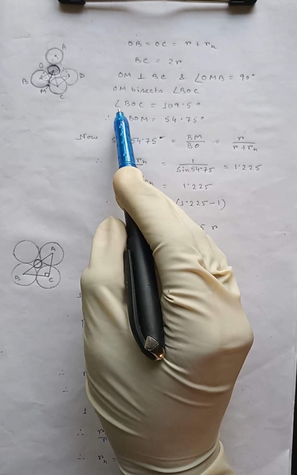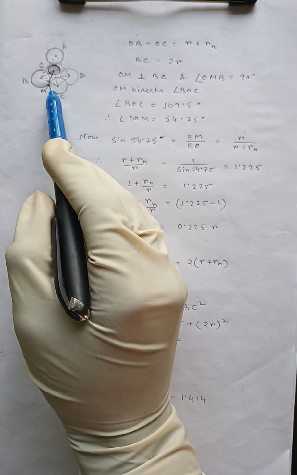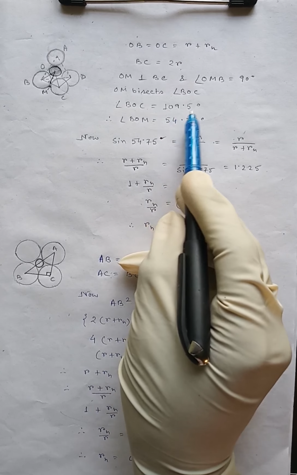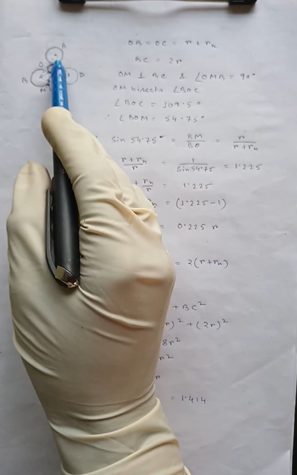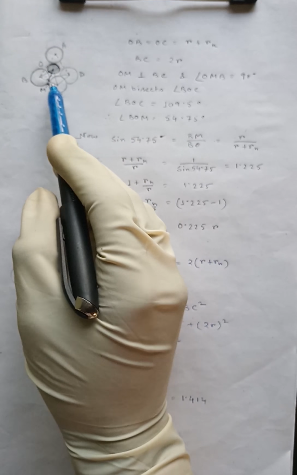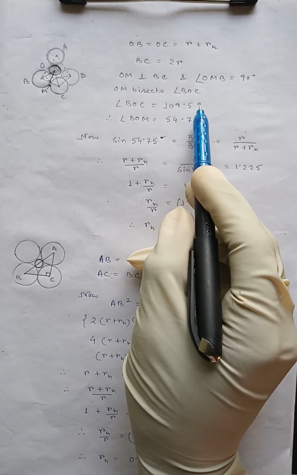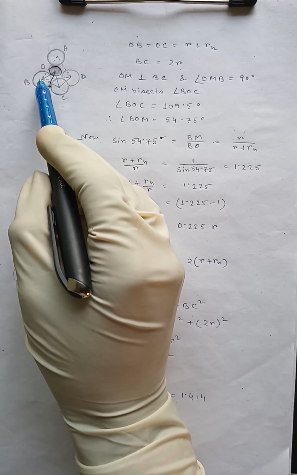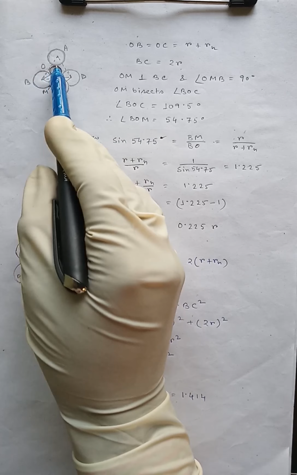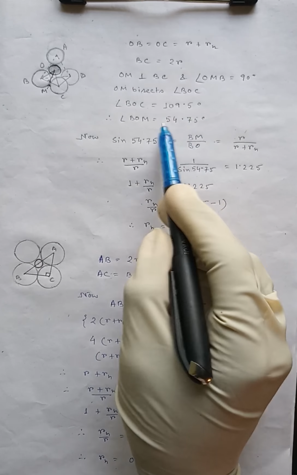So angle BOC is 109.5 degrees, because this is a tetrahedral shape, so all angles are 109.5 degrees. So half of this, angle BOM, will be half of this.